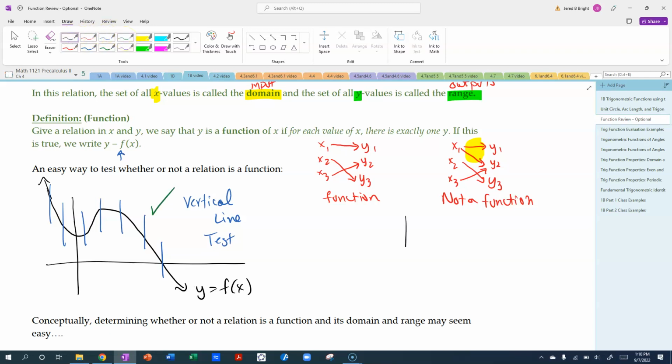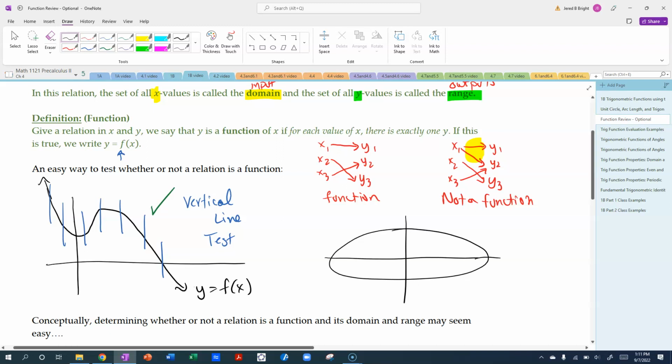On the other hand, let's look at an ellipse centered at the origin. If we take a vertical line through that, we hit in two different places. So this fails the vertical line test, and we would say that the ellipse is not a function.